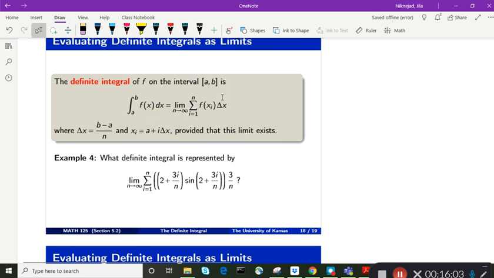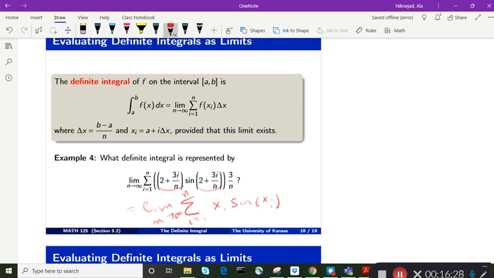Let's first come up with xi. So I can see that these two are the same. So it looks like this is going to be the limit as n goes to infinity of sigma i equal to 1 to n of xi sine of xi, and then 3 over n.